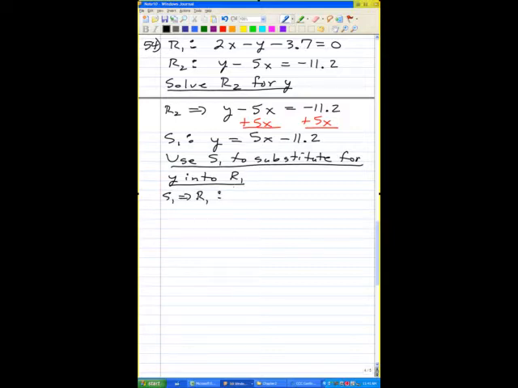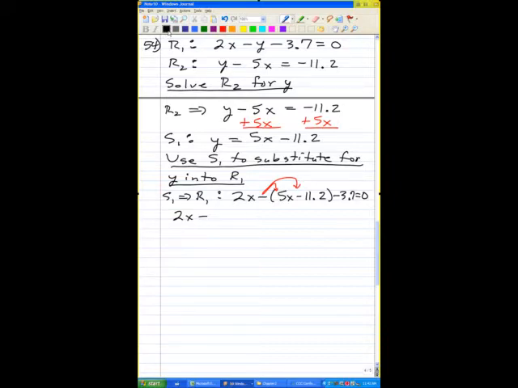And so I have 2x minus (5x minus 11.2) minus 3.7 equals 0. Okay, so I have 2x. Let's distribute the negative sign inside the parentheses.